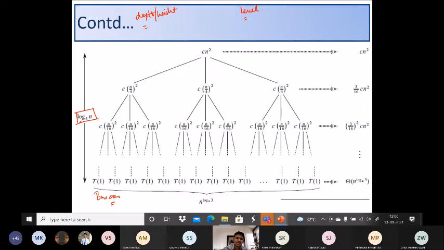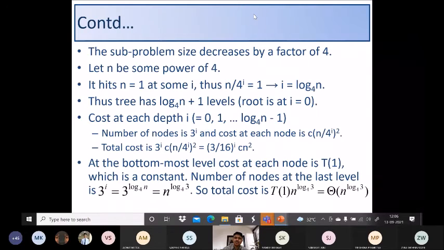Height means this is height 1, height 2, height 3, height 4, and so on. Level is always height plus 1.